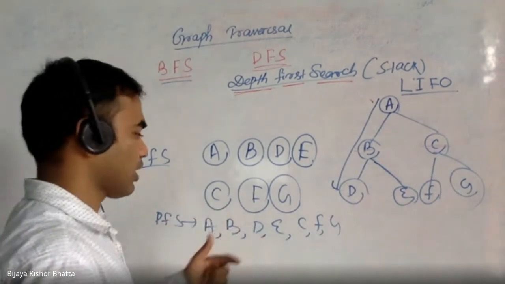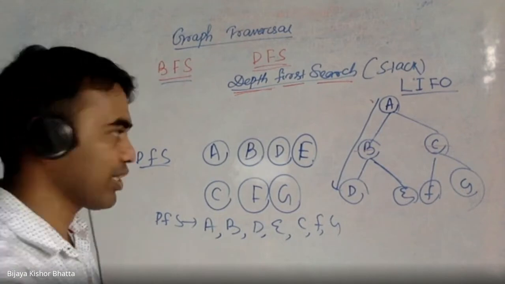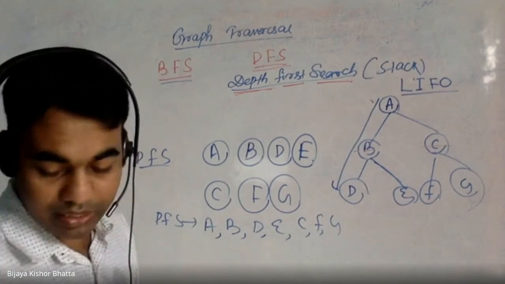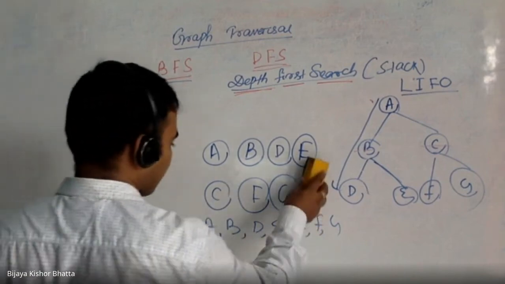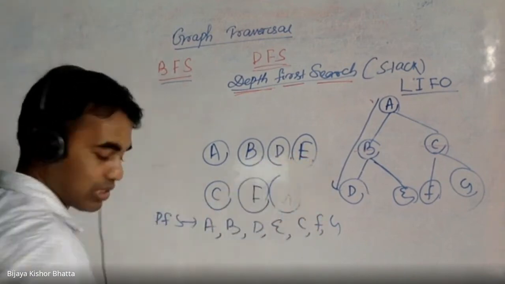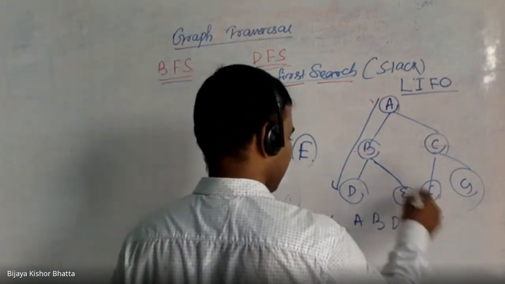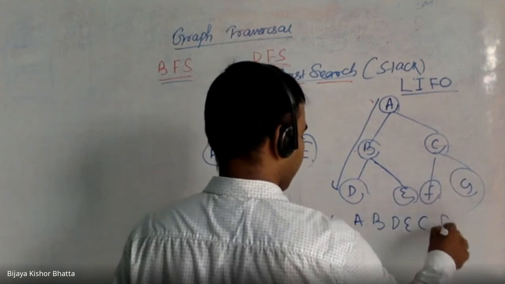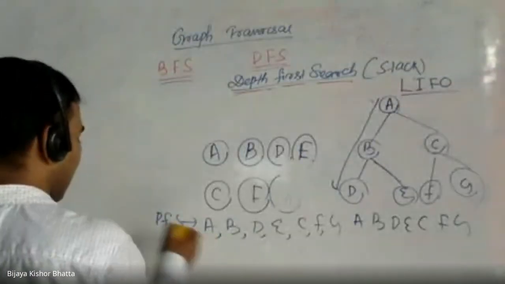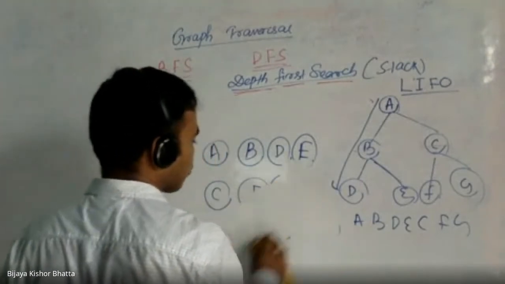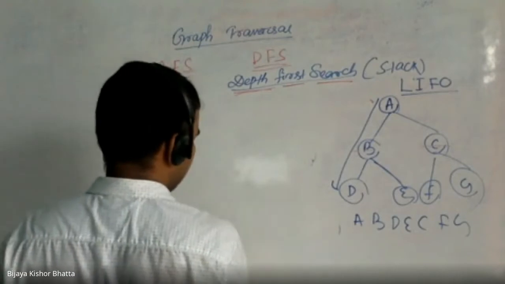That is all about it. How it works, like I told, I hope it is clear. So let's take on the stack and understand how it works, and how the answer is going to come like this. Let me write down the answer: A, B, D, E, C, F, G. Now let's see how, if we write the program, I can use a stack.